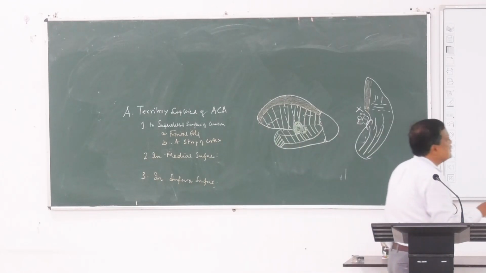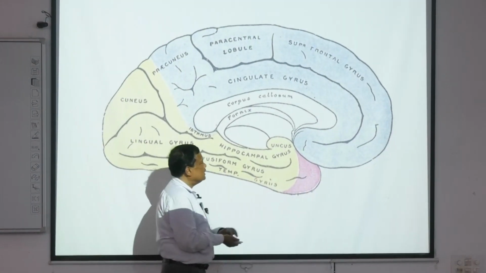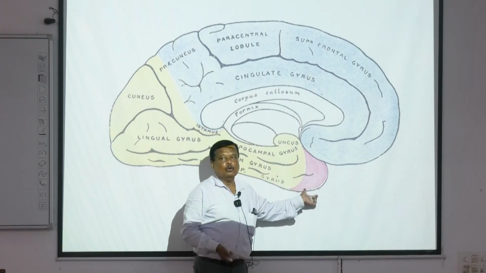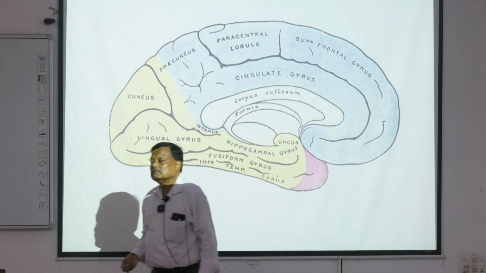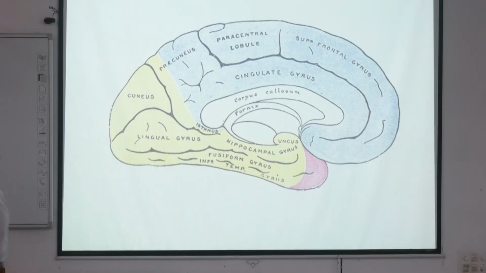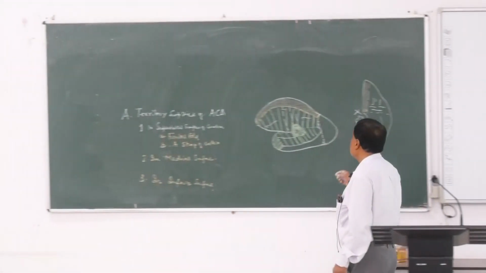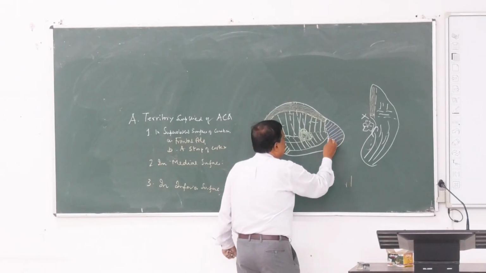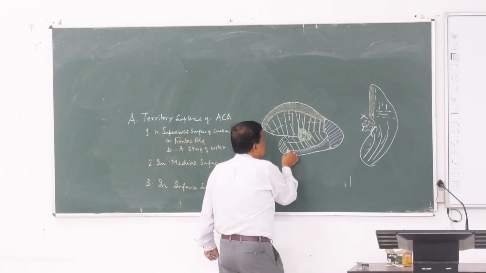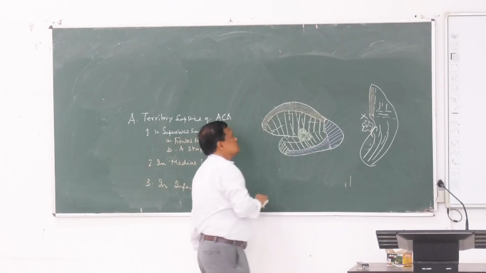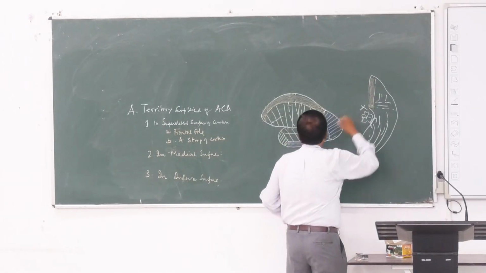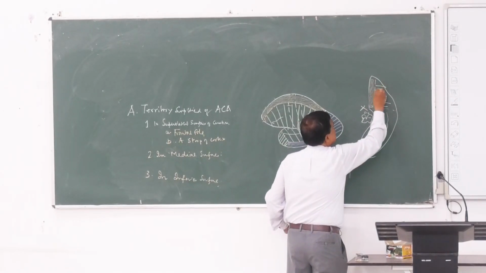Next, on the medial surface, very little: the middle cerebral artery supplies only the anterior part of the temporal lobe. Next is the posterior cerebral artery. Posterior cerebral artery supplied the whole of the gyrus. And here also, this is like the cerebral artery in the orbital surface.